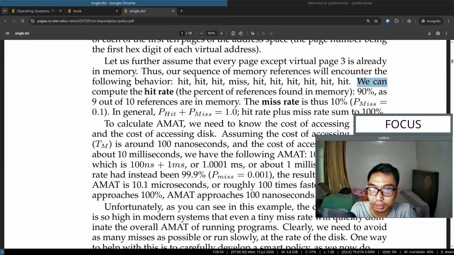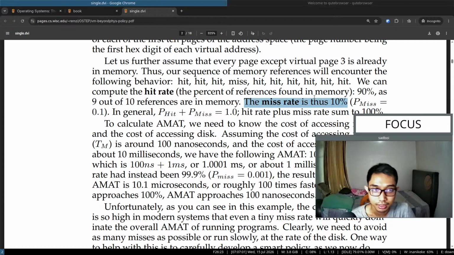We can compute the hit rate, the percent of references found in memory, and that is 90%, as 9 out of 10 references are in memory. The miss rate is thus 10%.